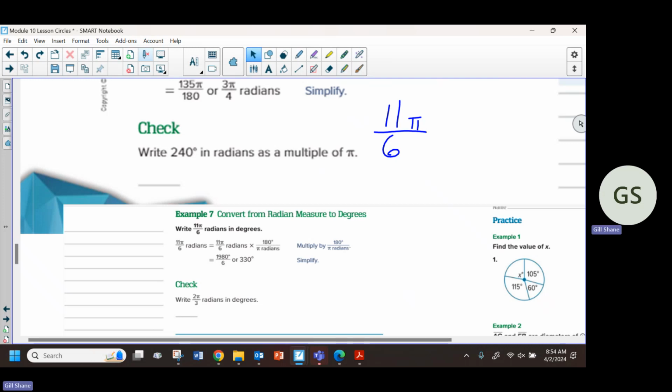I tried to do 11. Oh, there it is. 11. Big. Divided by.